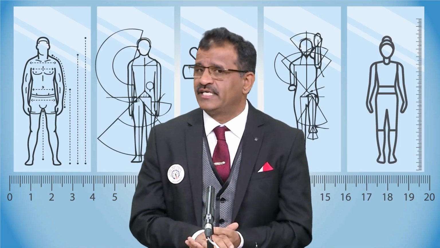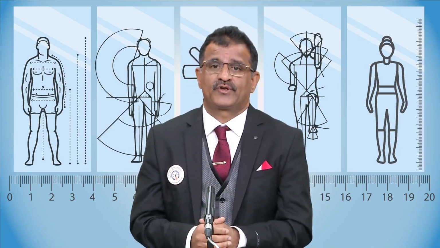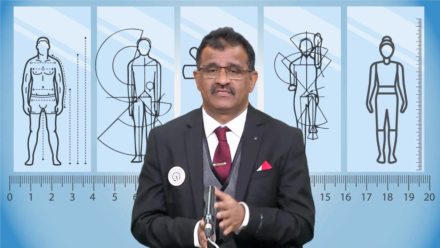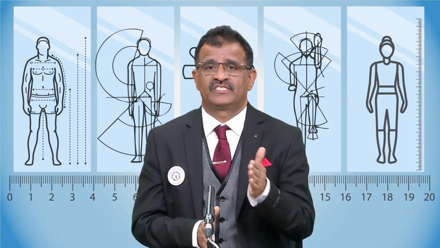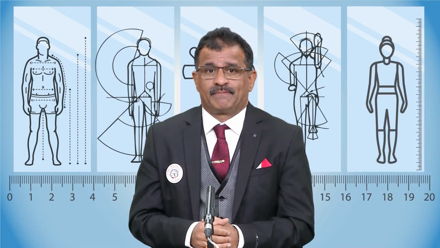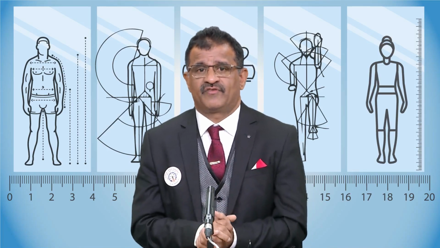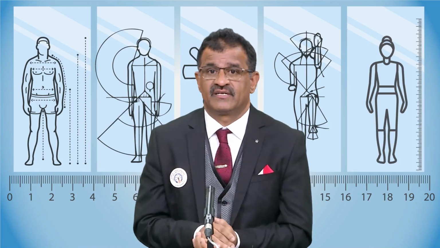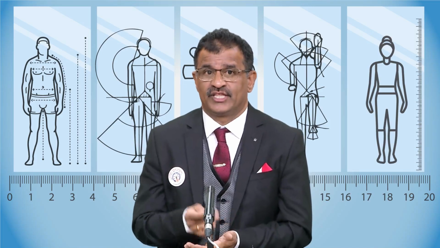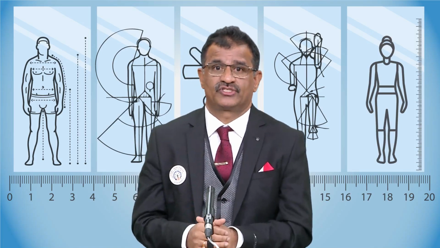As an early tool of physical anthropology, now I am talking about anthropology. Physical anthropology is a branch of anthropology where it has been used for identification, for the purpose of understanding human physical variations. So anthropometry is also used in physical anthropology.